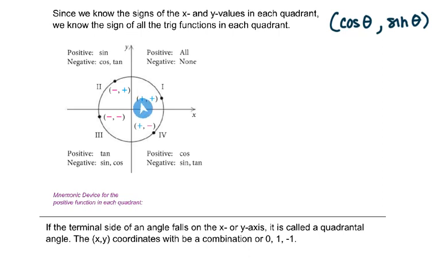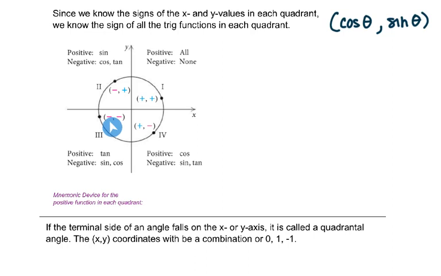So both cosine and sine are positive in quadrant 1. And tangent, which would be sine over cosine, positive over positive, will also be positive. All right, so in quadrant 2, sine is going to be positive. My y value is positive for sine, and cosine is negative. And if I did a ratio of these, I would get a negative number for tangent.